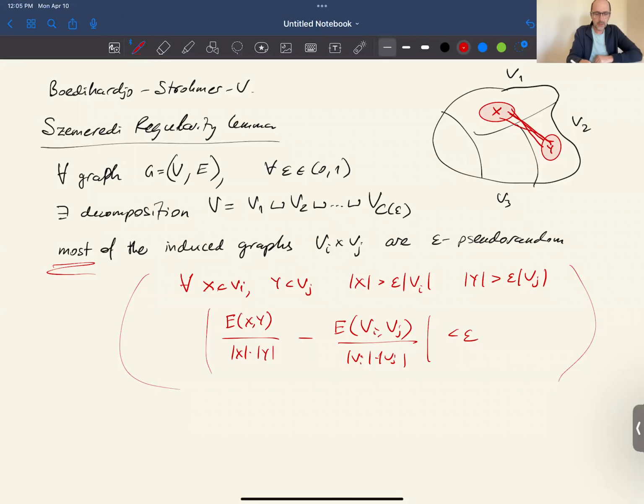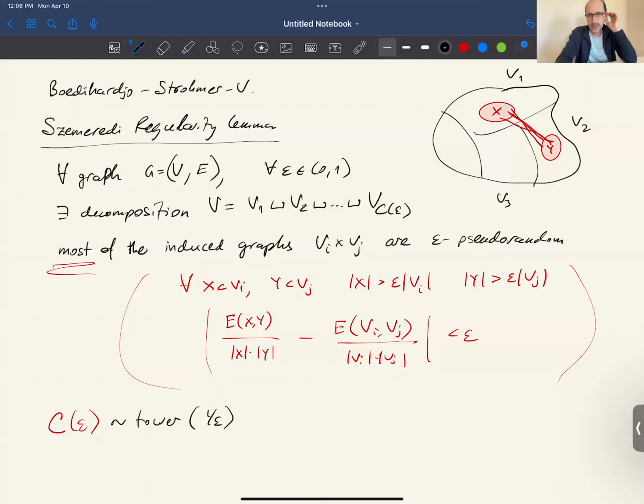This is a remarkable result that led to a lot of progress in combinatorics. Like I said, the nemesis of this result is the size, the number of parts required. This grows really fast. So C of epsilon is large. I can't remember what it is, but it's like a tower in 1 over epsilon.